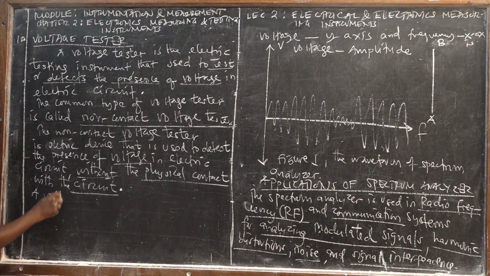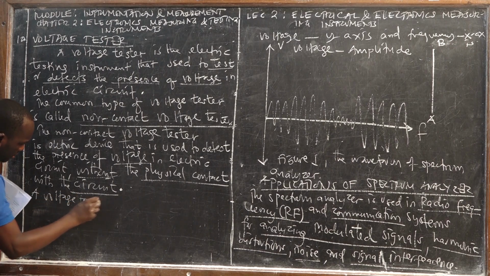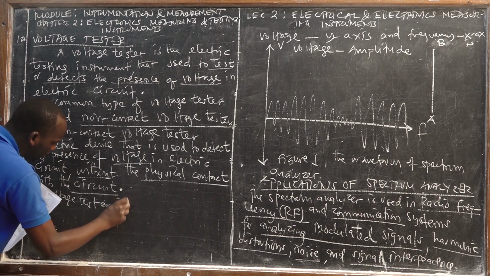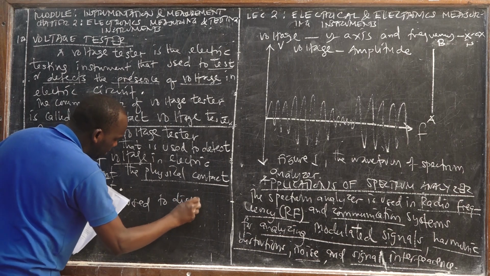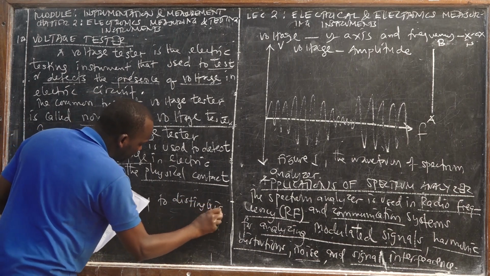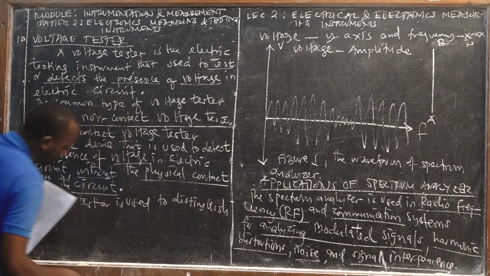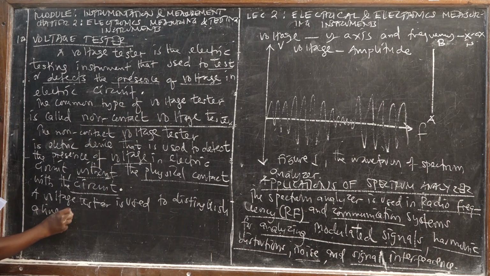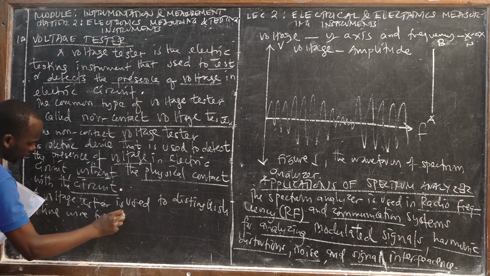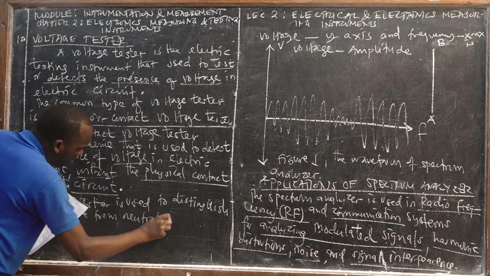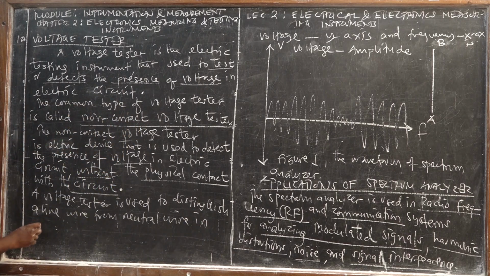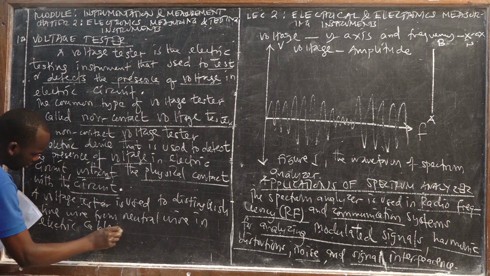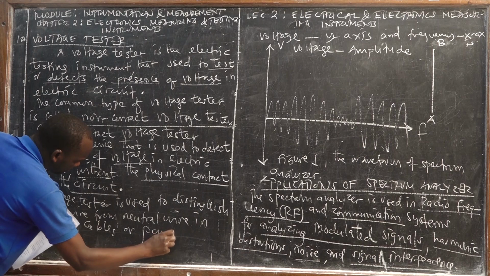A voltage tester is used to distinguish a live wire from a neutral wire in outlets, in electric cables, or power lines.